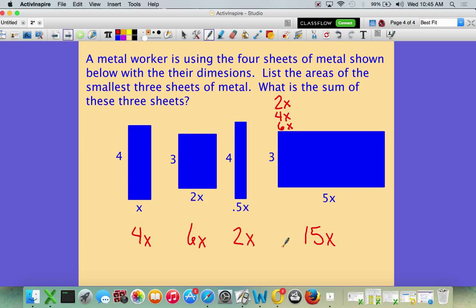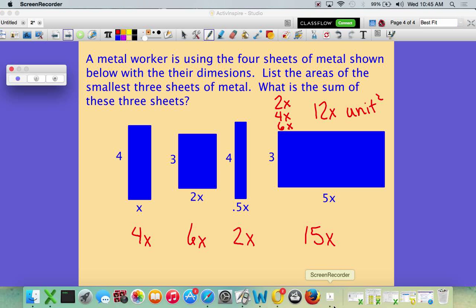So 2 plus 4 is 6, plus 6 is 12x. And then for area, we've always got to have some kind of unit on there. We don't have a unit in this problem, so this would be units squared. And that is it. Make sure you follow order of operations to do these problems.